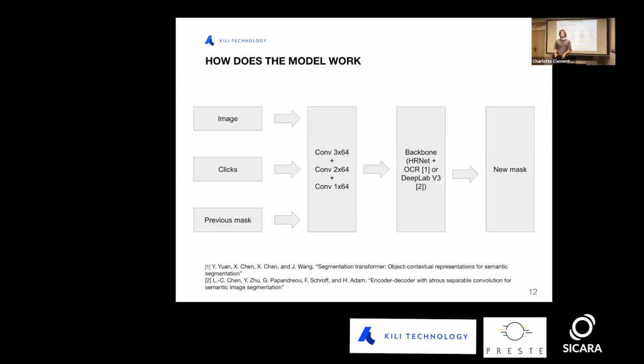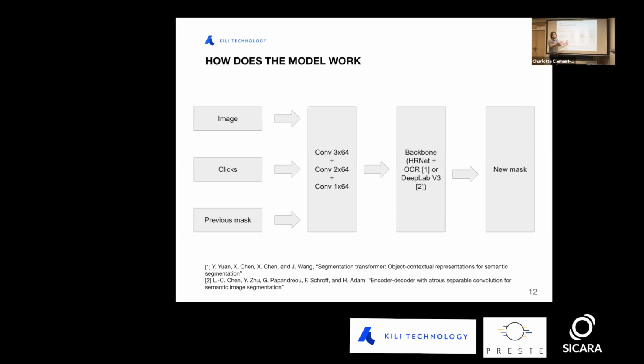So what's different with our model is that we not just take as inputs the images and the clicks, we also take as inputs the previous mask from the model. The previous mask is basically the model generates an output, and we input this output in the next step.